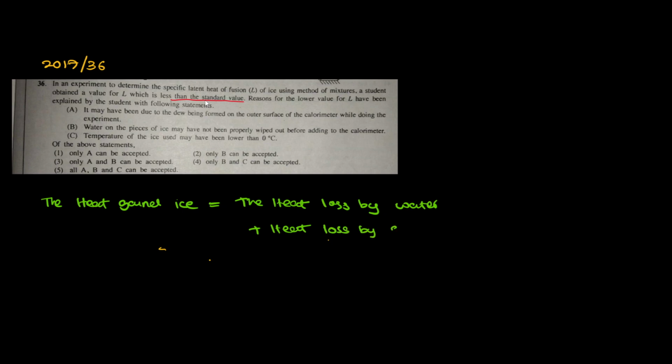Here, I'm not going to discuss the experiment. Instead, we will come to the equation straightforward. So we know that the heat gained by ice equals the heat lost by water plus heat lost by calorimeter.